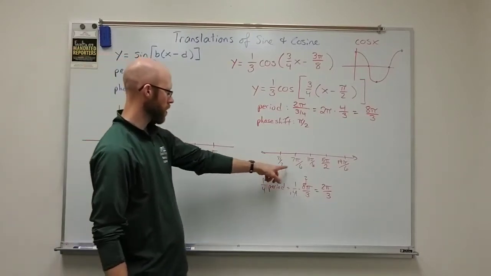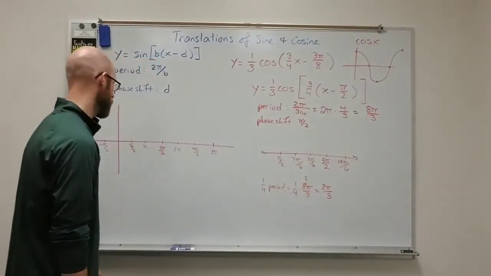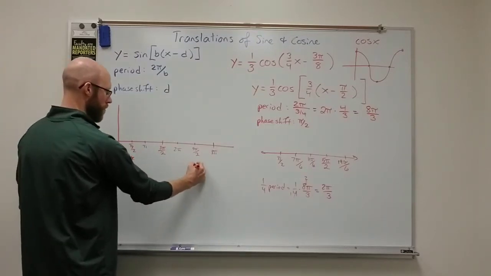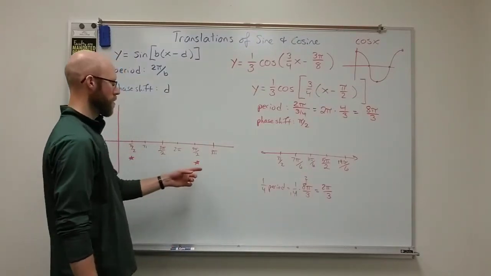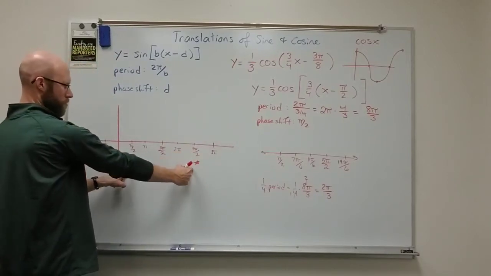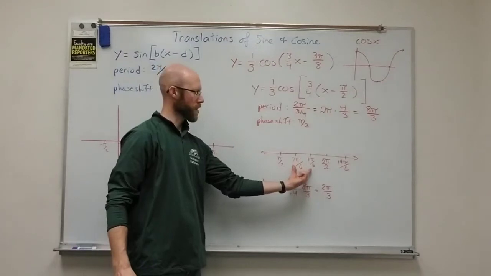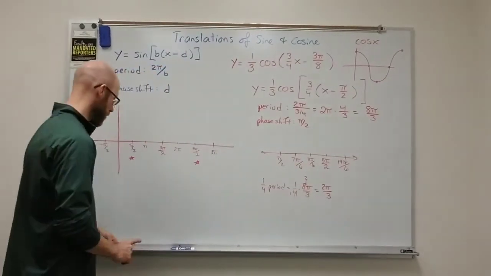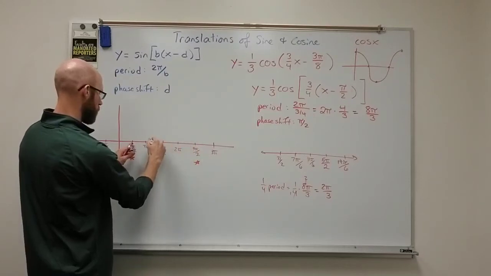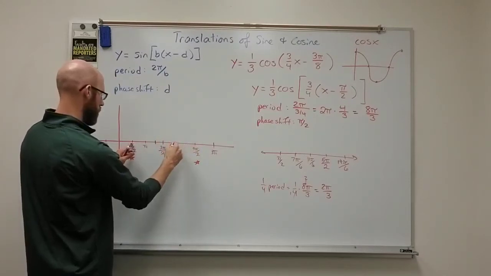And now I've got to make sure my 5 key points are visible. So I've got my pi over 2, I've got my 5 pi over 2. In between those, this region here, if I cut that into thirds, I get my pi over 6s here. So this region cut into thirds would be right about there.